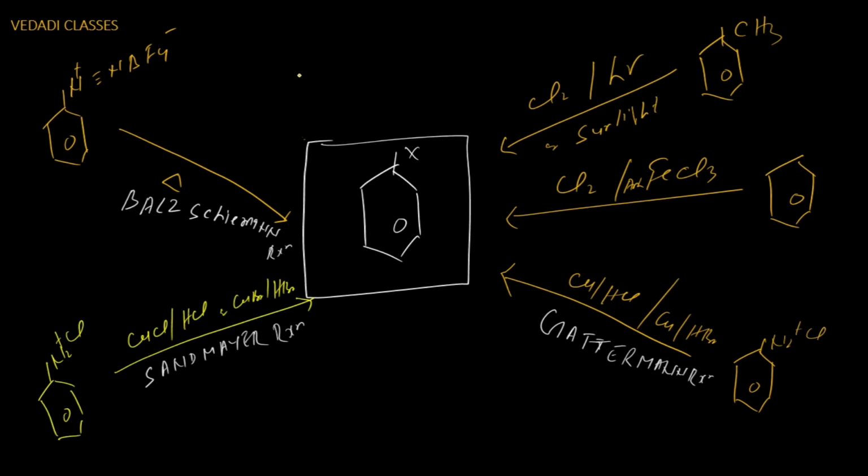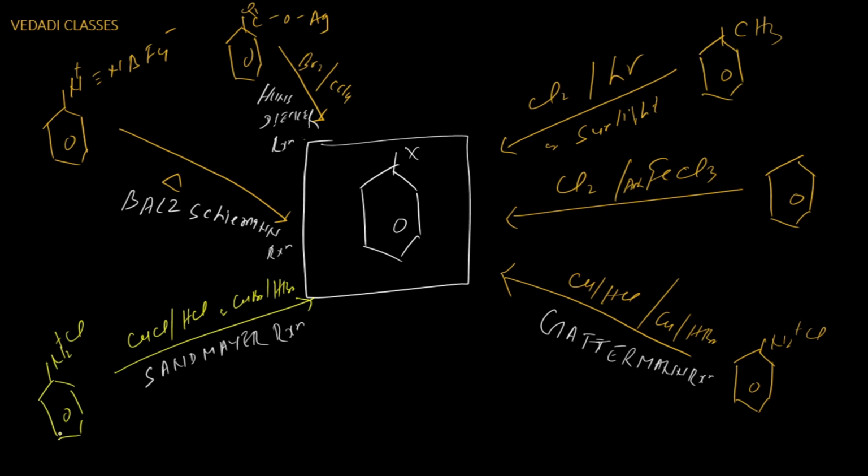Now we have benzene diazonium chloride, with Balz-Schiemann, Gattermann, Sandmeyer. Then one more, the Hunsdiecker reaction. So what is the Hunsdiecker reaction? We just take the silver salt of aromatic acid, COOAg, this is silver benzoate, and it undergoes bromination in presence of CCl4 under reflux. Then this is known as the Hunsdiecker reaction.